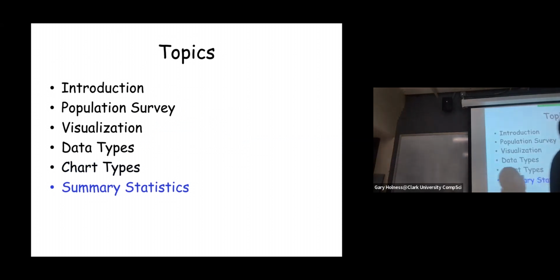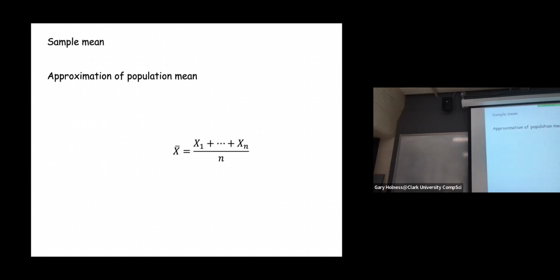So one of the things that we do when we collect data is we want to summarize it. And we summarize it by computing statistics or functions over data. And these functions over data give us a compact representation of all of the information that we've collected across a group of interest.